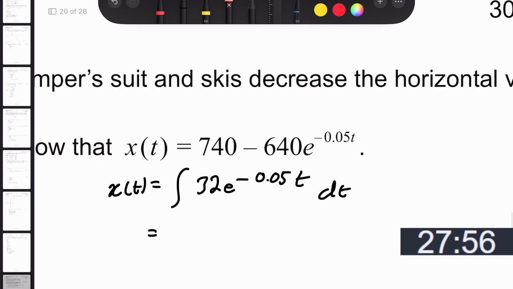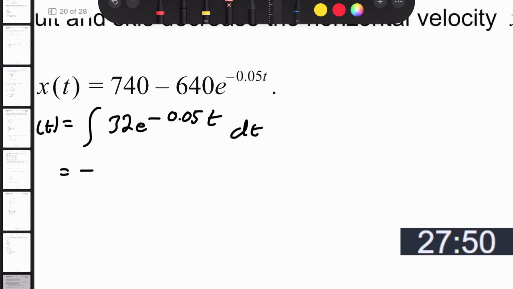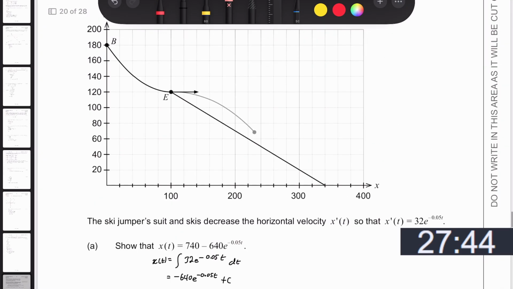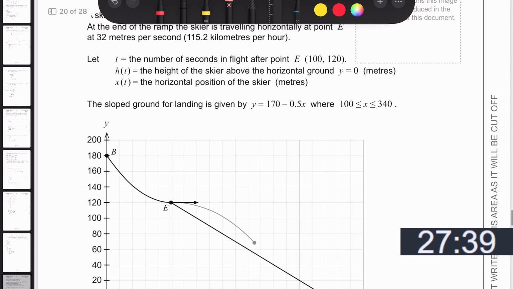So this would be 32 divided by negative 0.05, which is negative 640, so yep. So it's going to be -640e^(-0.05t) + c. Now x(0) is the horizontal position of the skier in meters.